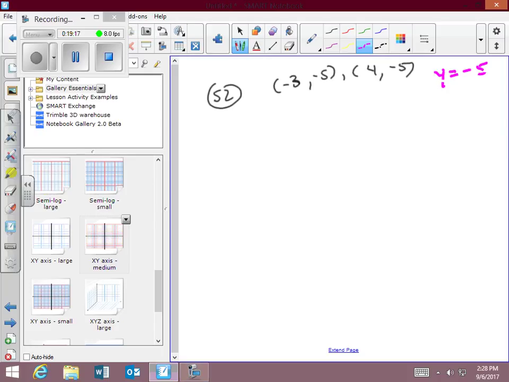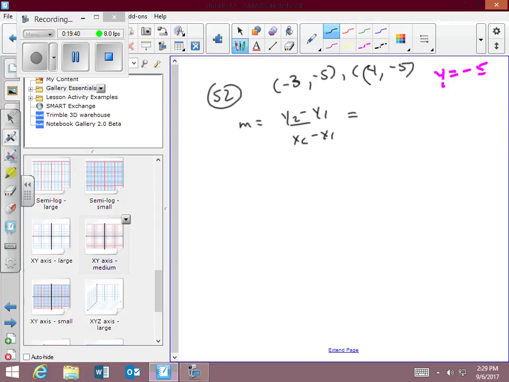Now you can either look at it and know that it's that way, or you can just dumb it out. Either way is going to get you the same answer. We would say we got 2 points and we've got to do slope first. So I'm going to use the second one as first.